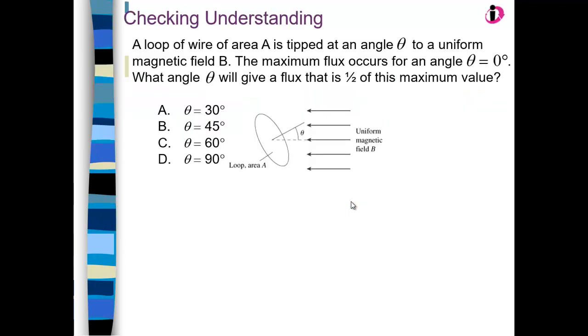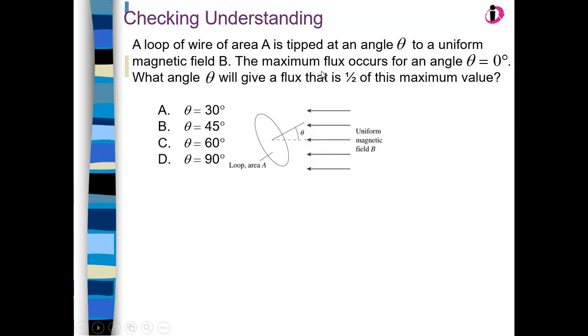Okay, so let's say I have a loop of wire, A, and it's tipped at an angle theta to a uniform magnetic field B.